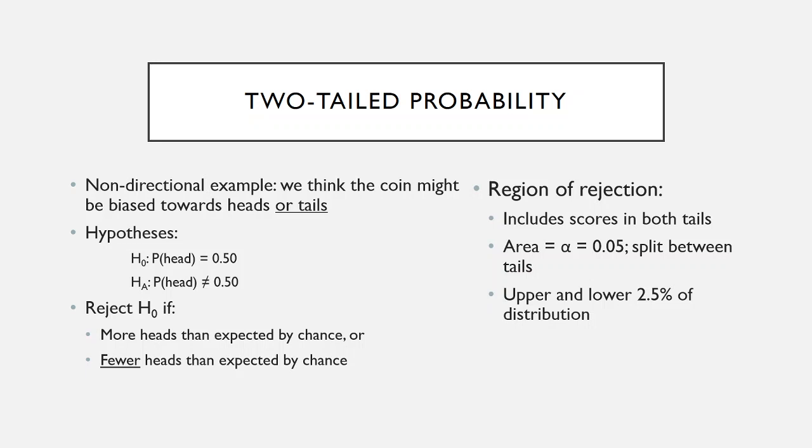So what you're doing is you're actually making the bar for significance further out into the extreme. You're actually going to need to get a score that's only going to happen 2.5% of the time or less. But you're going to have a region of rejection on both tails of the distribution.